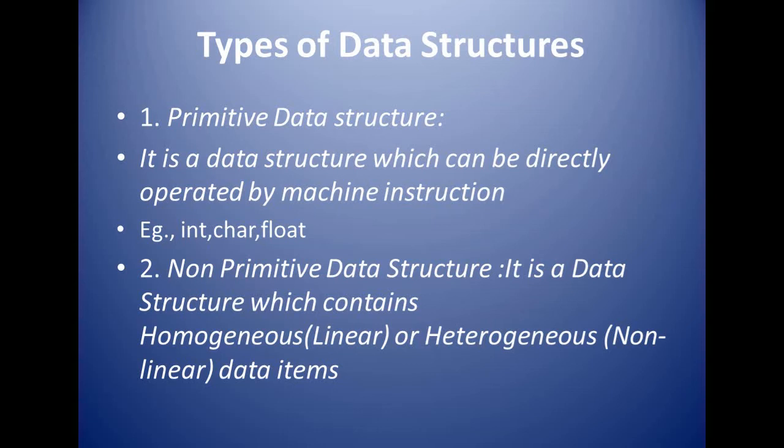The non-primitive data structures are changed by the humans. So that is classified as homogeneous and heterogeneous. Homogeneous is a linear data structure and heterogeneous is a non-linear data structure. The non-linear data structures are tree, graphs, etc. And homogeneous linear data structure means linear, that is order-wise. So it comes under linked list.